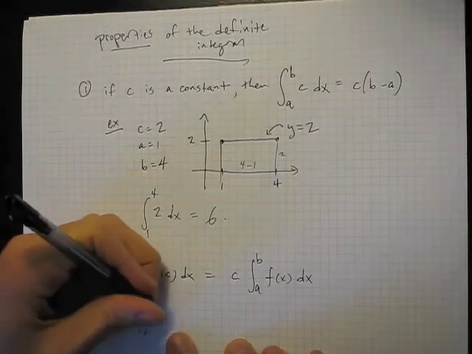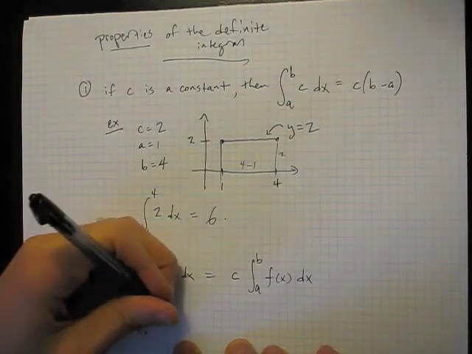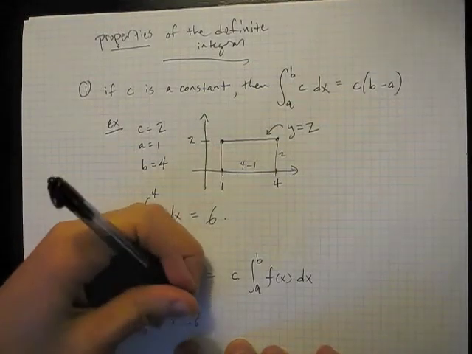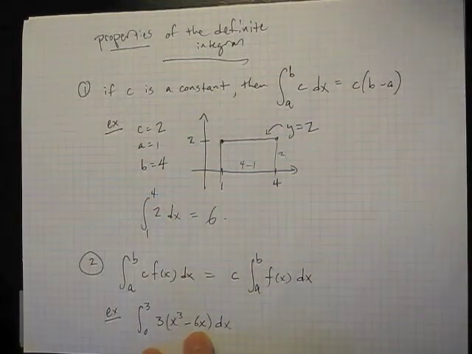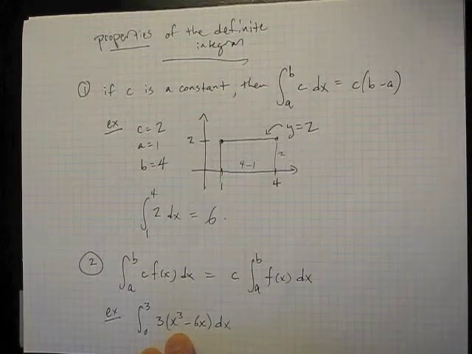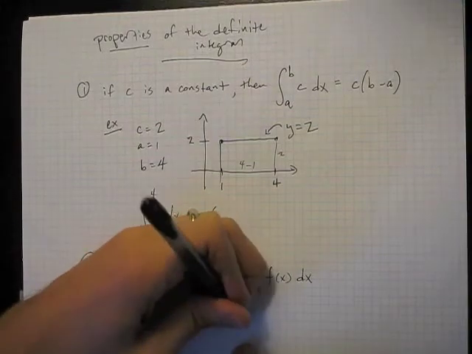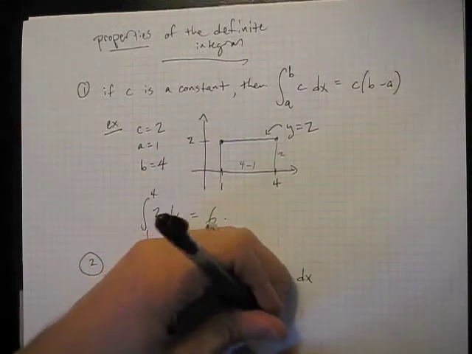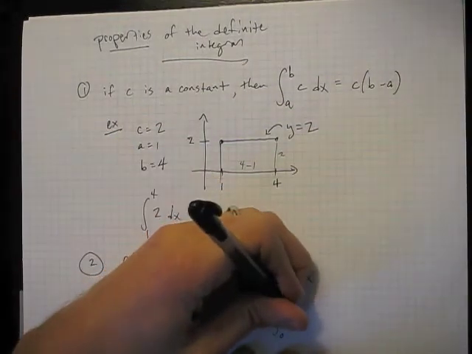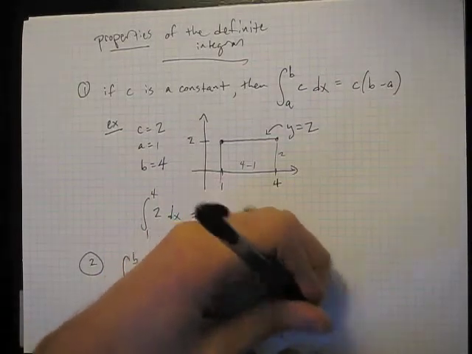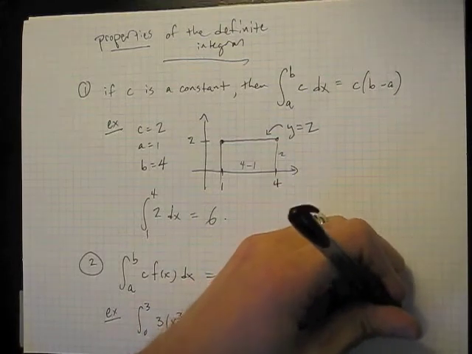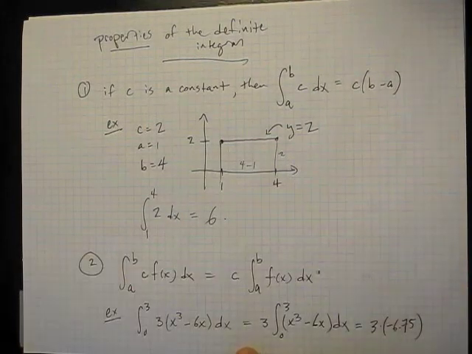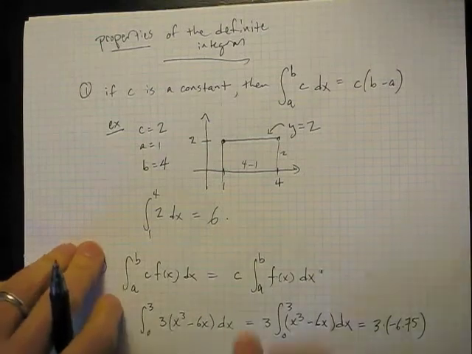We had 0 to 3, and we had 3 times x cubed minus 6x, like this. We know what the integral is of x cubed minus 6x. We just computed it. It was like minus 6.75 or something. So we could solve this by pulling this constant 3 out. And this will be 3 times minus 6.75 is our answer. So that's property number 2.